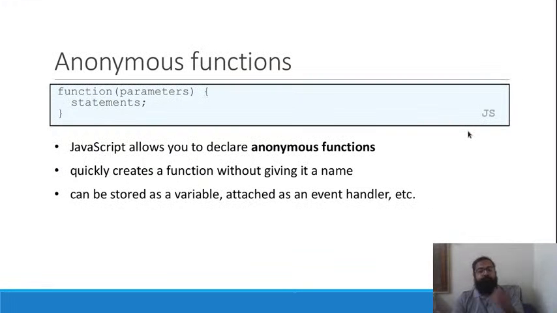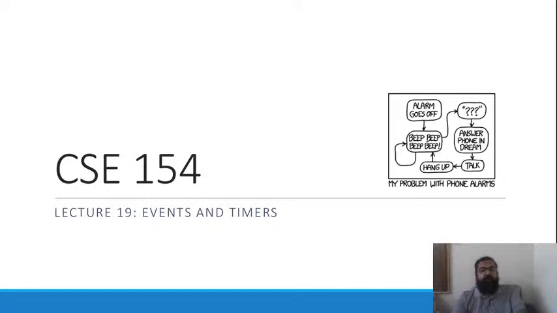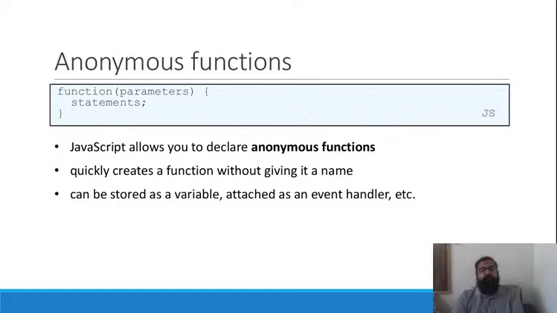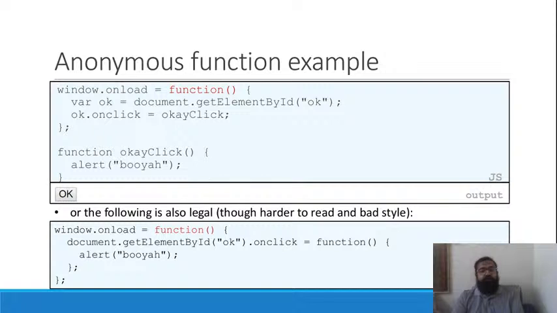So this is the continuation of the JavaScript. We have anonymous functions, and we use them as nested anonymous functions. This is something that we have already seen in the previous slide.